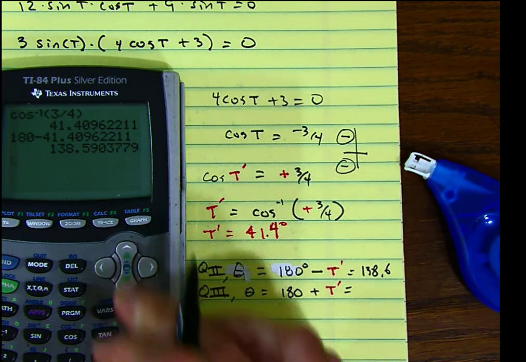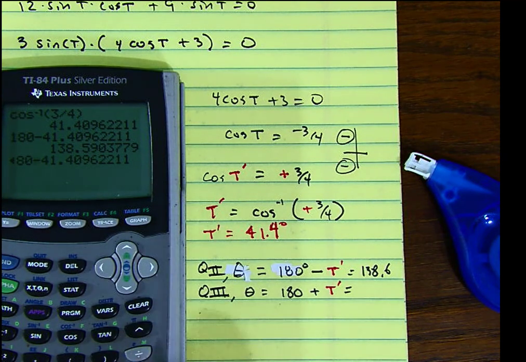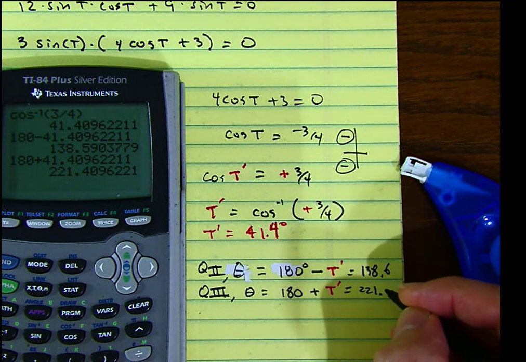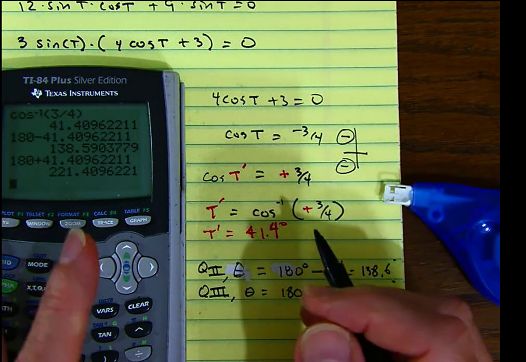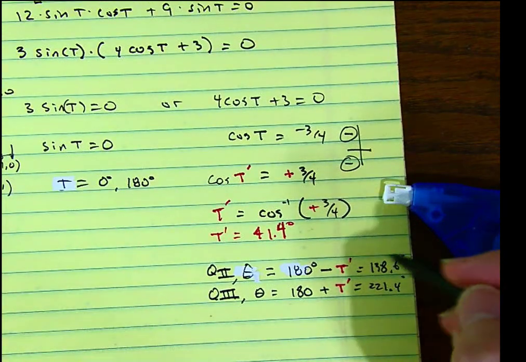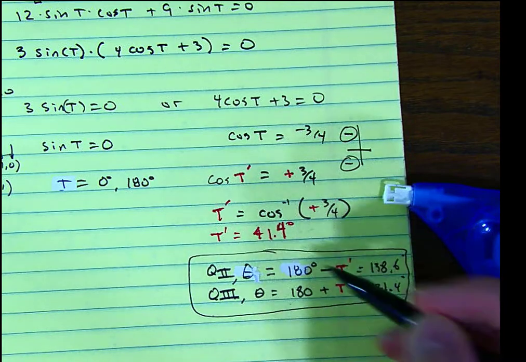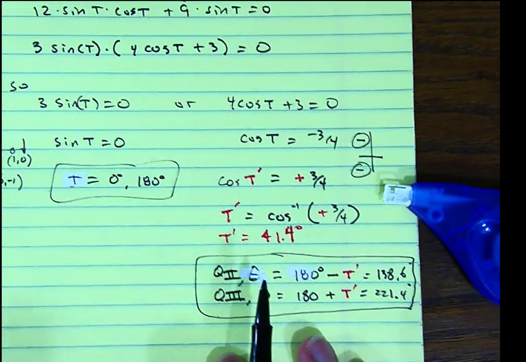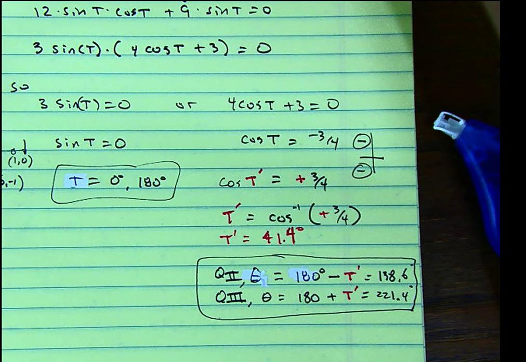Then we'll repeat it for quadrant 3, and we're going to get 221.4 degrees. All right, so there we got all of our solutions. We also could go back and check this one by graphing it to see if there really are 4 solutions. So that's kind of a quick overview of solving a few equations.